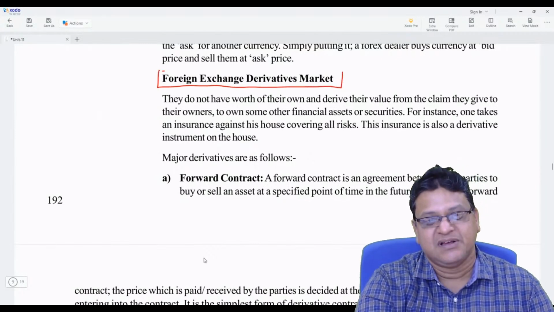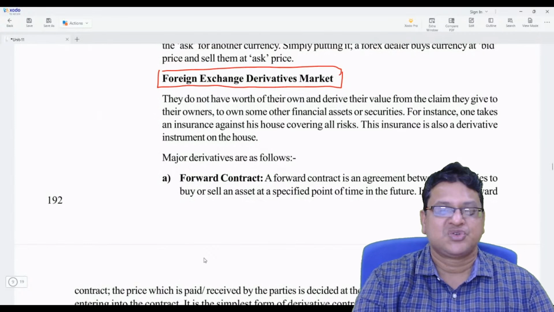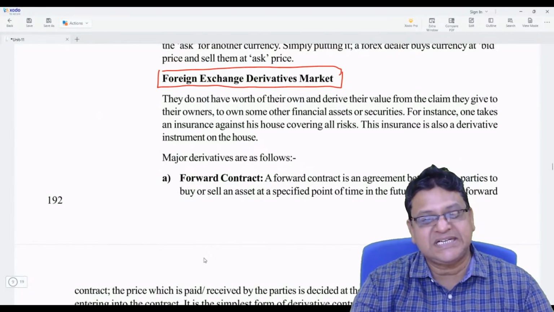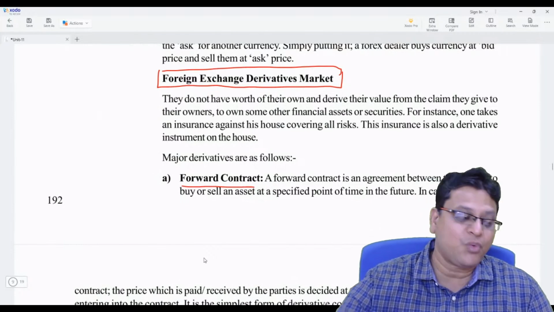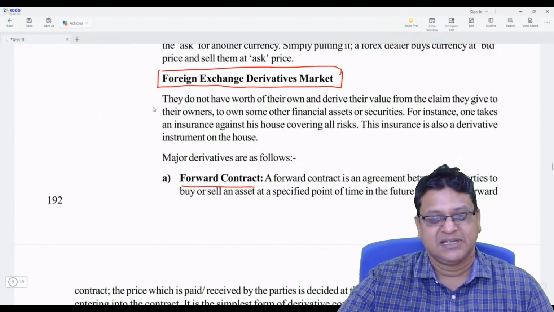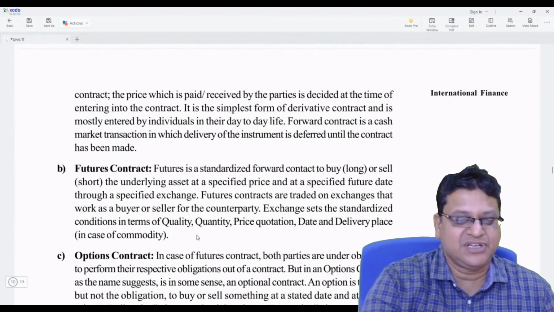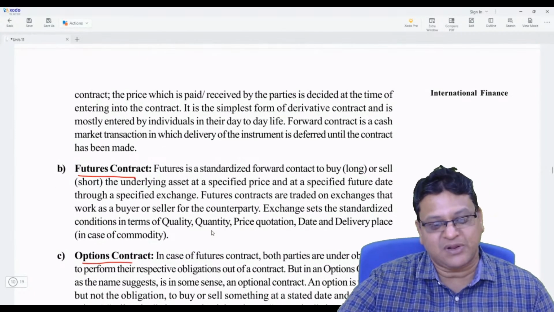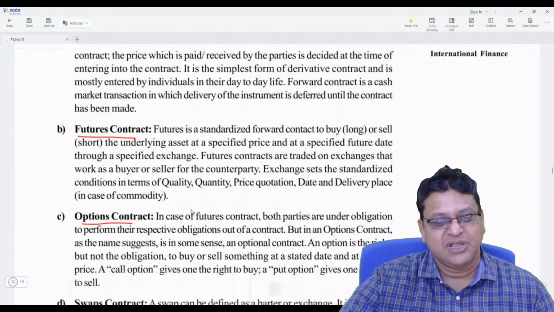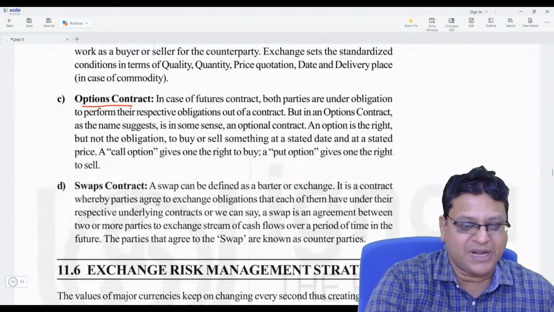That is known as derivative market. So in currency derivatives, there are four types of derivatives. One is forward contract, another is futures contract, another is options contract, another is swaps contract. What is forward contract? We have already discussed a forward contract.